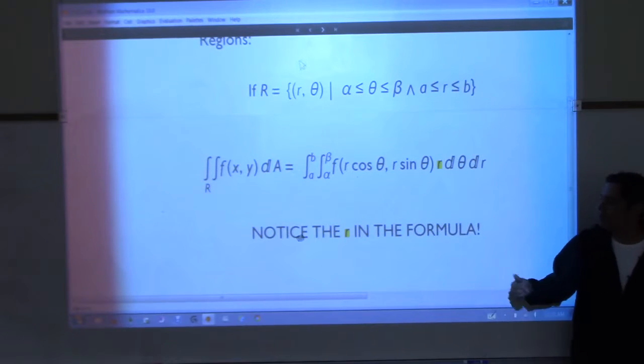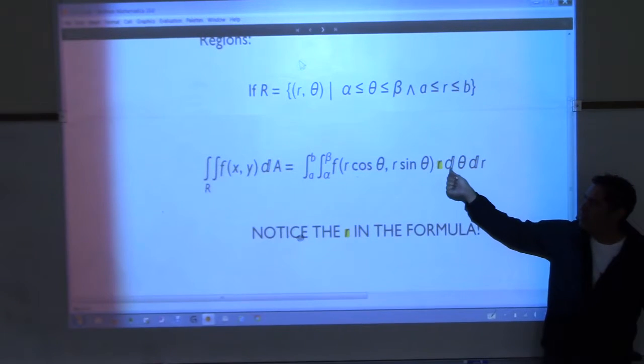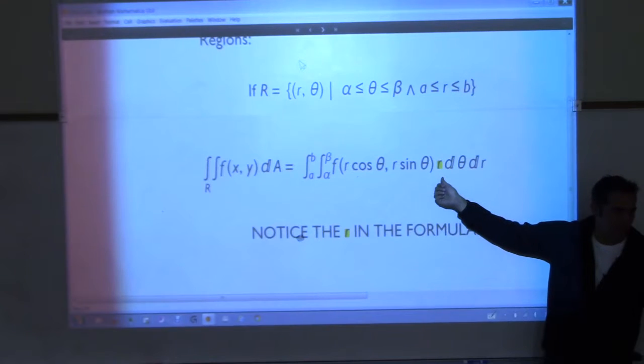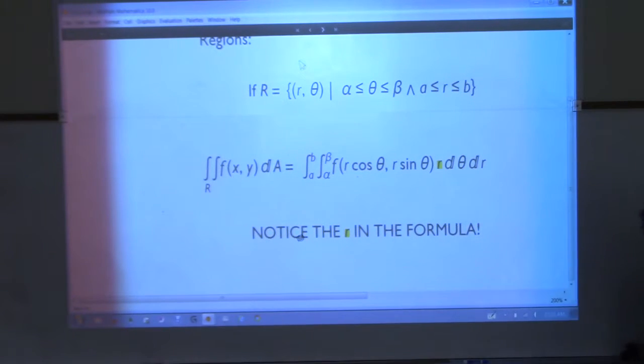And anytime you do that, you're always going to have something pop out here. It's actually called the Jacobian determinant, but that's later. We'll do that later on in the class. We're actually going to have a formula, and I will show you where that r comes from later. I tried to show it to you geometrically, but we'll have a nice formula to get it later.